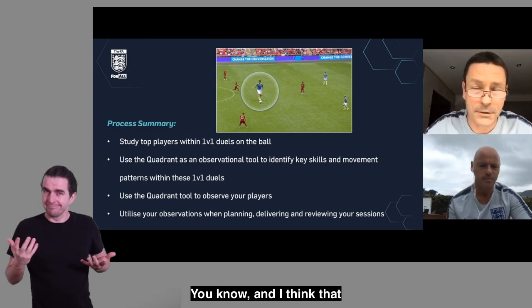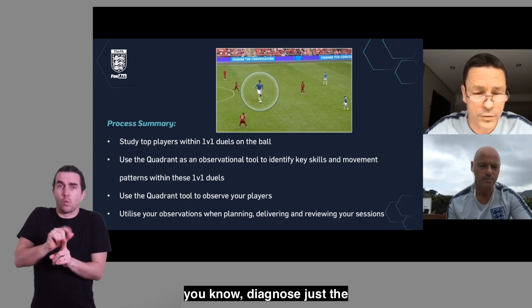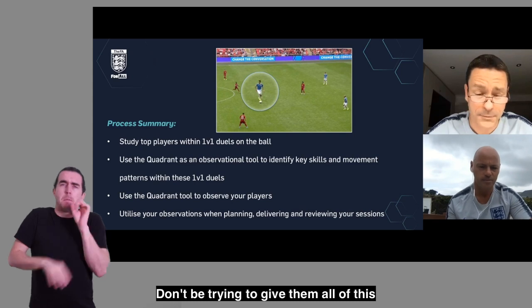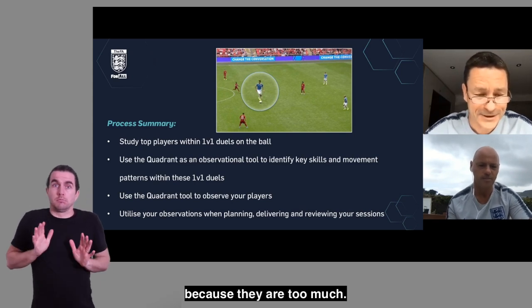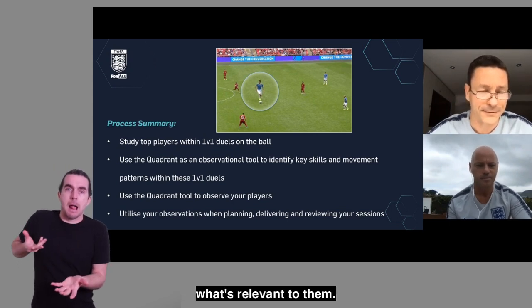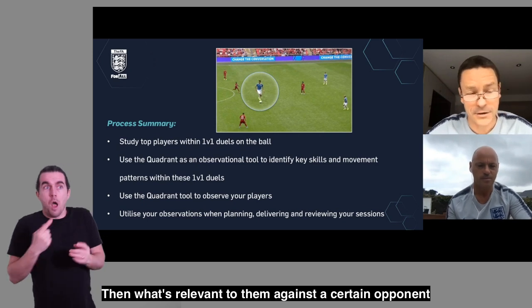And I think that's what we have to think here. Diagnose just the one or two pieces of information the players need. Don't be trying to give them all of this. Yeah, because it's far too much. Yeah. You have to drip feed in what's relevant to them, then what's relevant to them against a certain opponent.